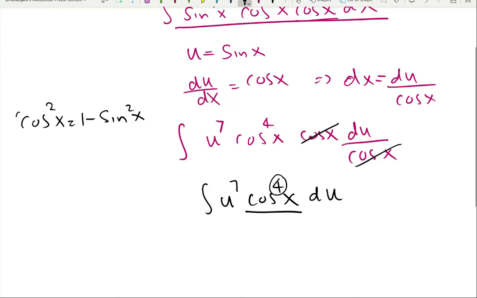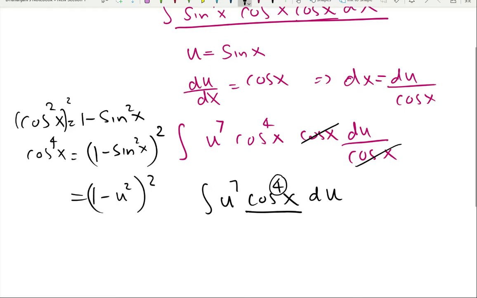Well, we can square this, right? So cosine to the 4 is (1 minus sine square x) squared, because we square the left hand side, so we square the right hand side. We know sine square is 1 minus u square. So it's (1 minus u square) squared. So we have u to the 7 times (1 minus u square) squared.